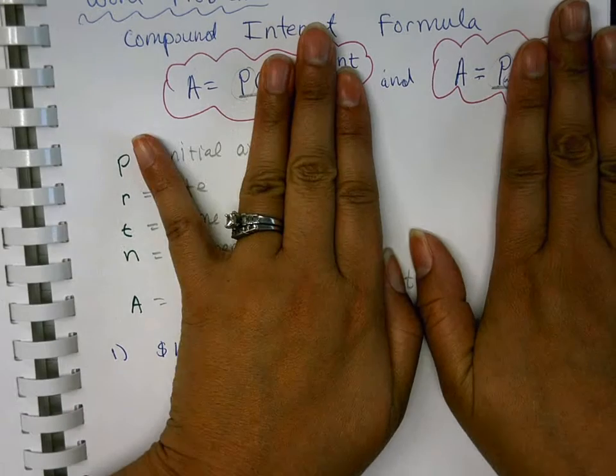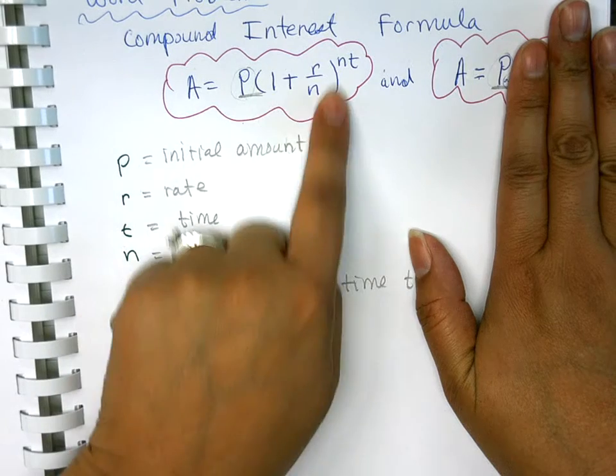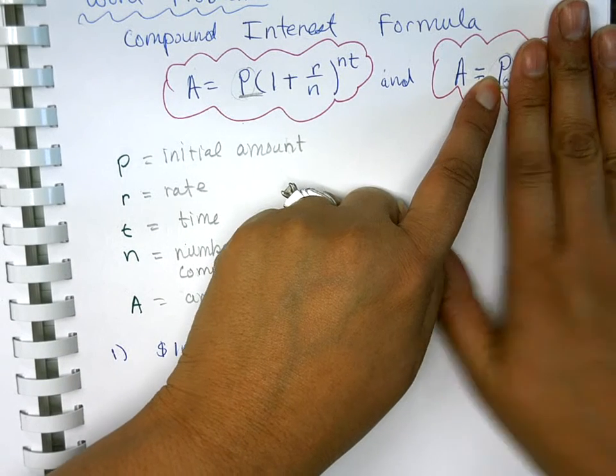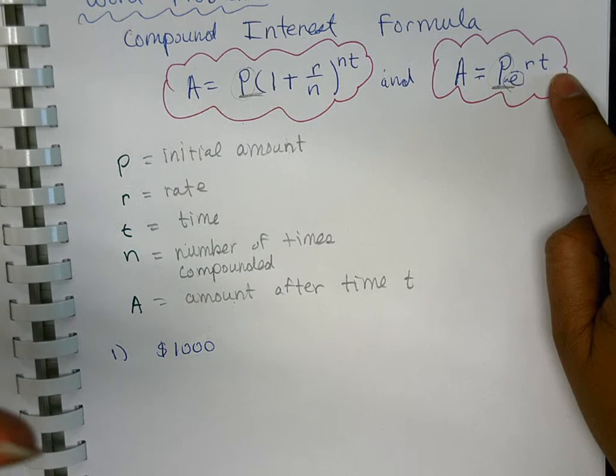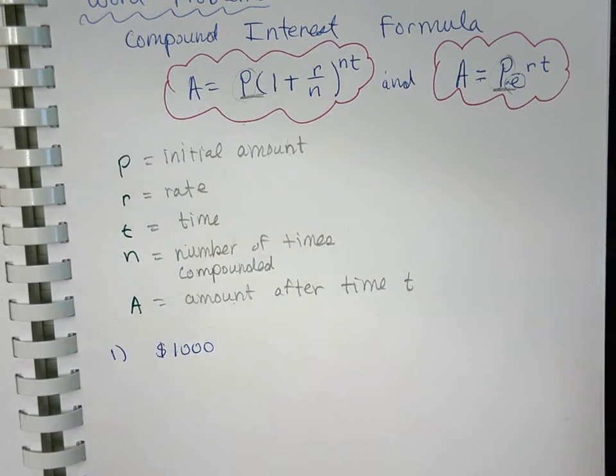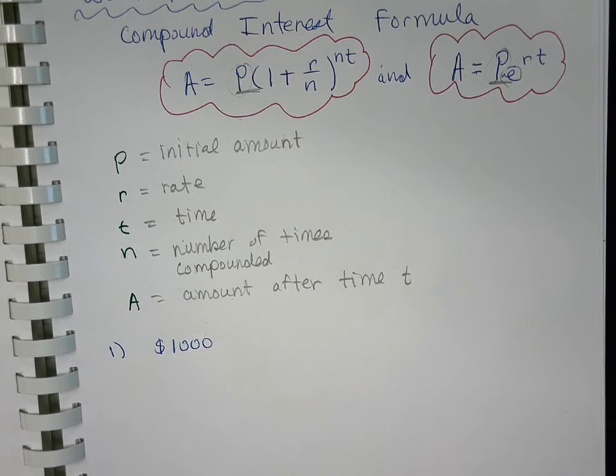It's the initial amount times E raised to the RT, where E is a number in your calculator. Isn't it like 2.718? Yes. How do you get the E? It's above your ln key, so you hit shift, then you plug in your exponent.